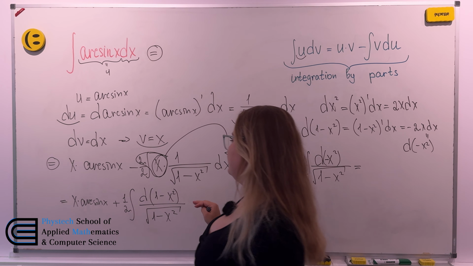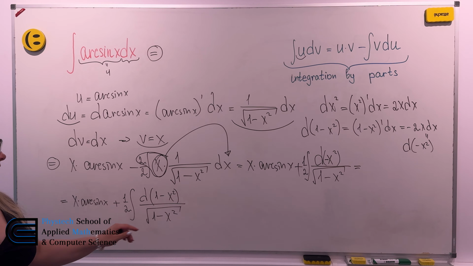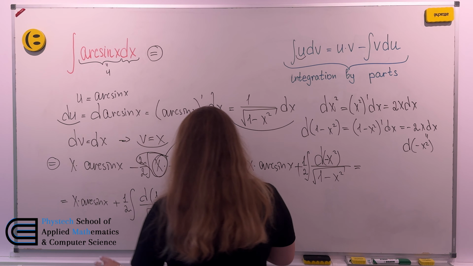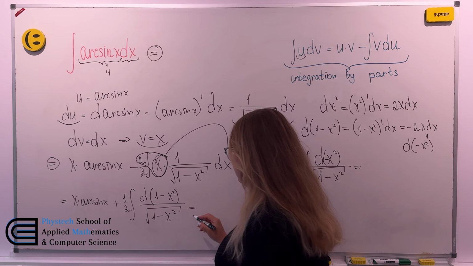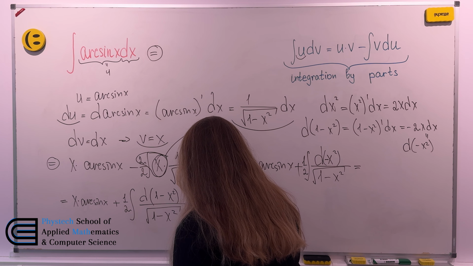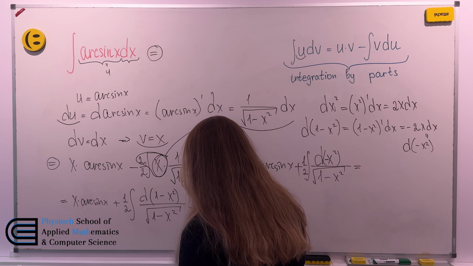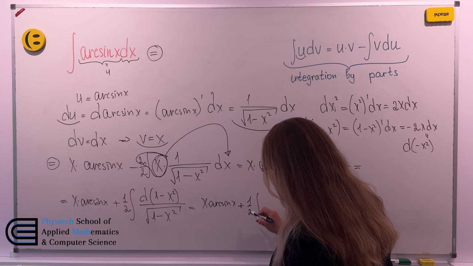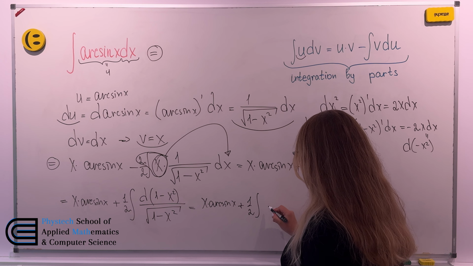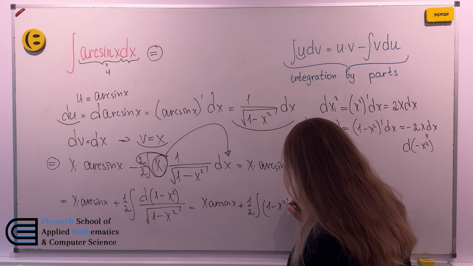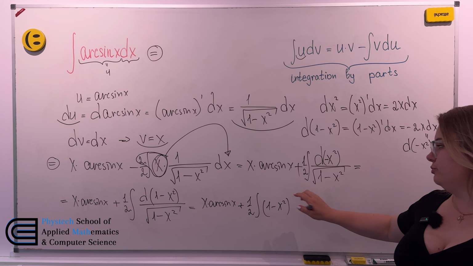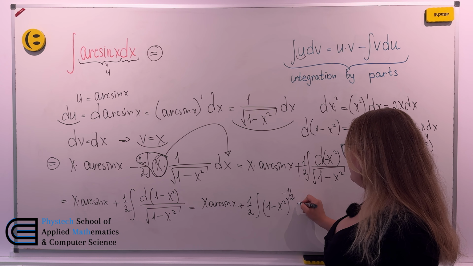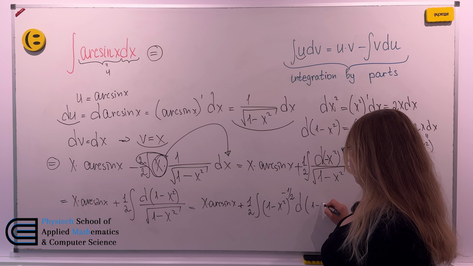So this is the same thing. And now we can integrate this line. Again, x arcsin of x. I just rewrite it a little bit. 1 minus x squared I put in the numerator, and here will be the power minus 1 divided by 2, d of 1 minus x squared.